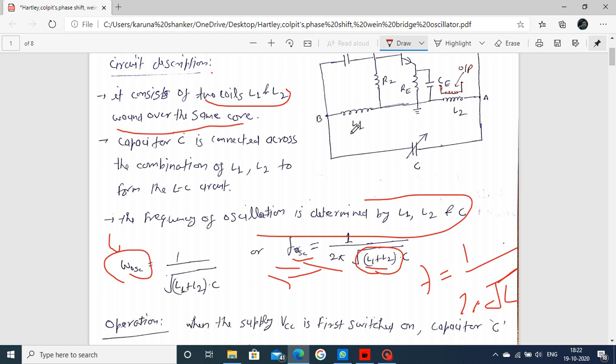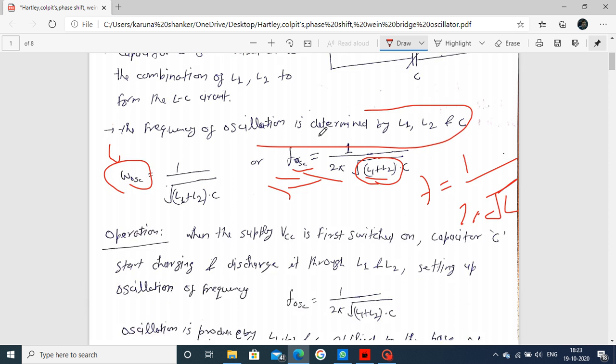Do you understand what wound over the same core means? Like a transformer, with primary and secondary, similarly here this is L2, the output coil. The same core is used, as in the transformer symbol. Whatever output comes across this is now induced across this one. The output is obtained from across L2. These are the circuit descriptions.